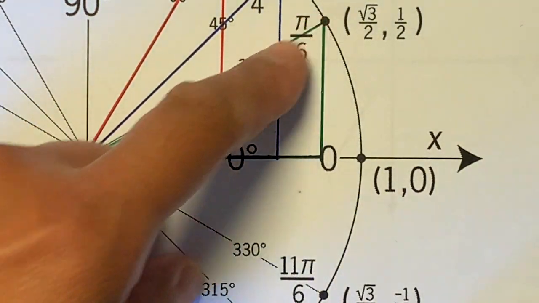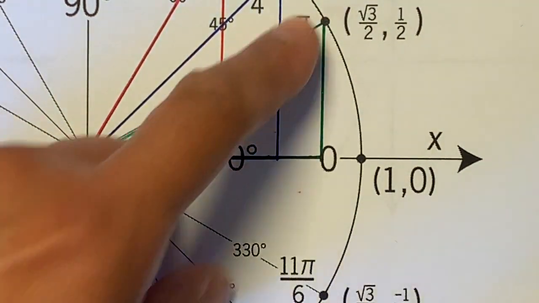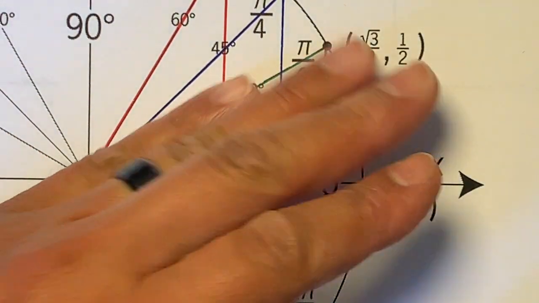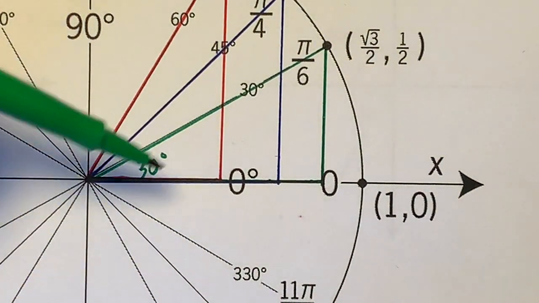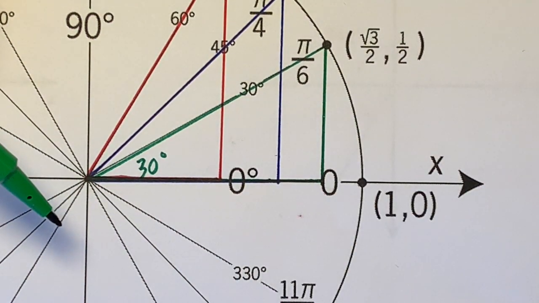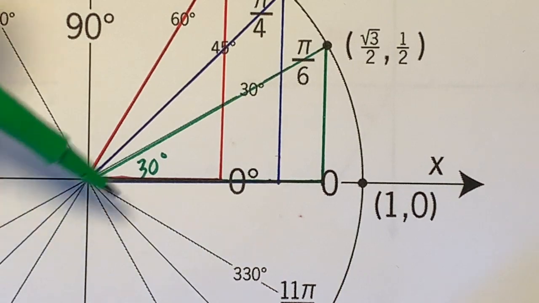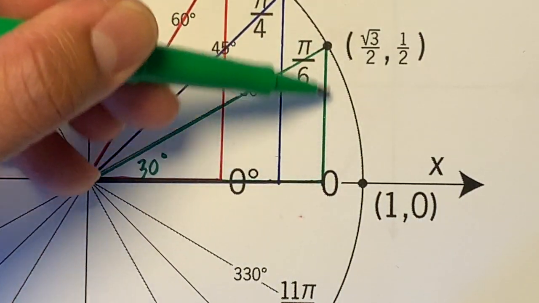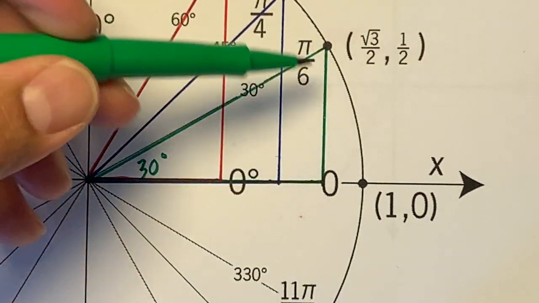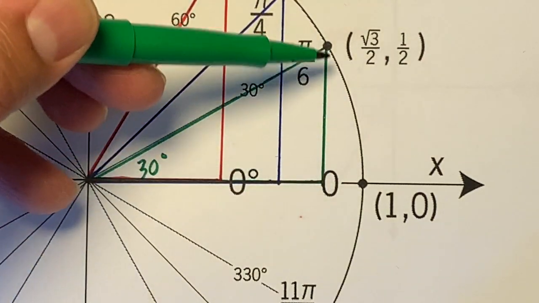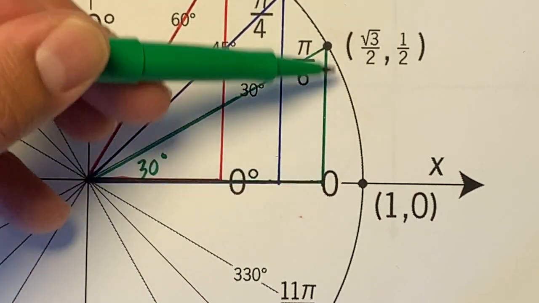Okay, so this triangle right here is a 30, 60, 90 triangle. And it's 30 degrees because it rotates there. If you're wondering what is the sine of 30, well, remember sine is the opposite side, and this side is 1/2. We know it's 1/2 because this is vertical, and that's the distance for this y value.